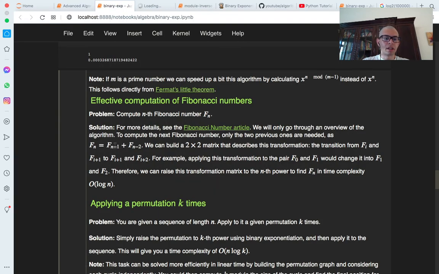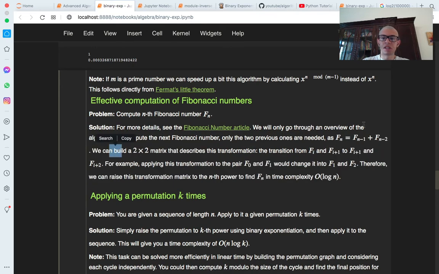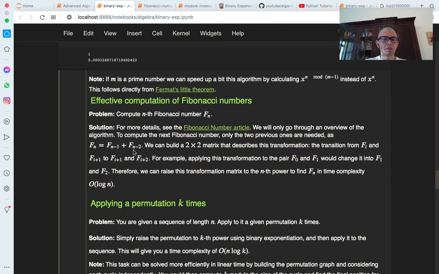You can calculate the third term by a combination of both previous terms. To calculate the nth term, there is a matrix that describes this transformation, with F_i, F_i+1, F_i+2, like the whole matrix.